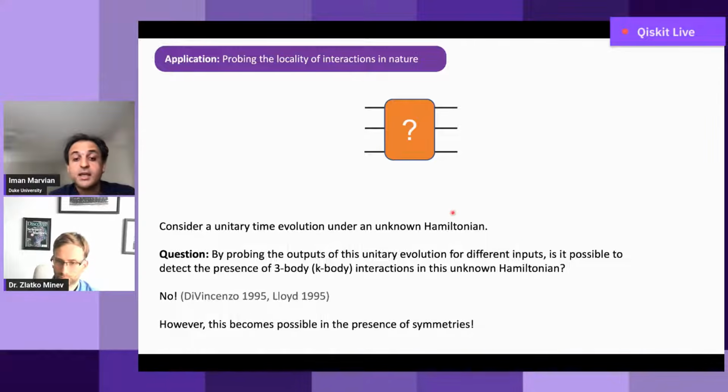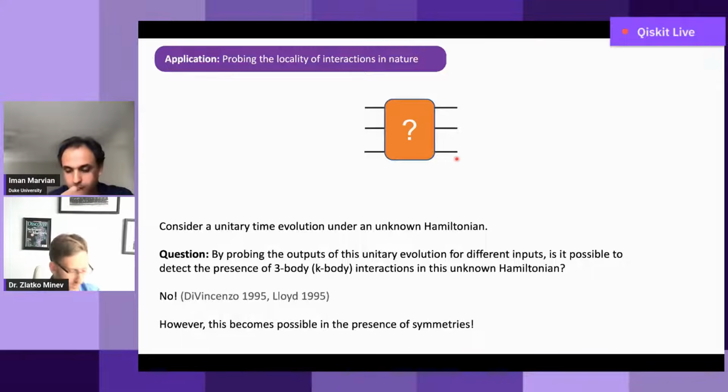But on the other hand, in the presence of symmetries, this no-go theorem tells us that yes, three-body interactions, for example, have a certain signature that is not reproducible by two-body interactions. And just by looking at the output for different inputs, you can detect that signature, and so you can detect the presence of three-body interactions in this unknown process.